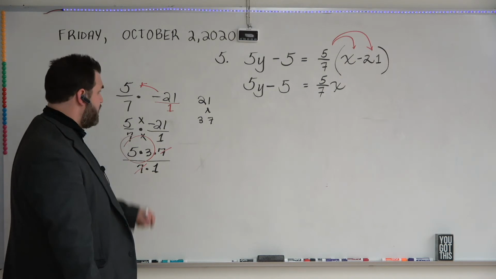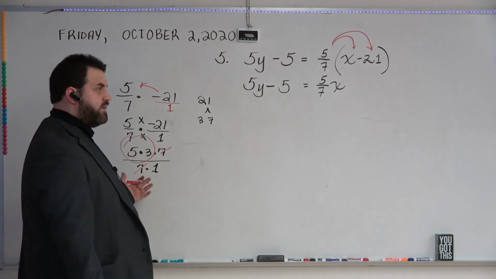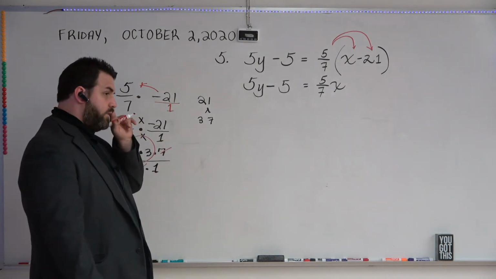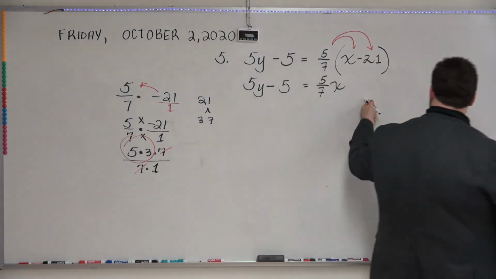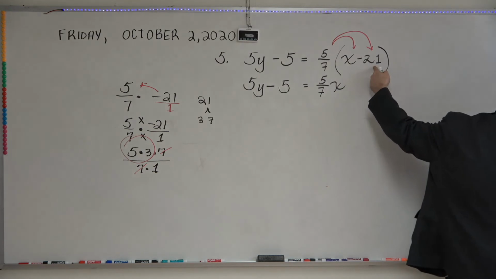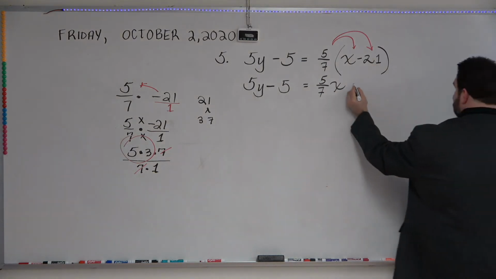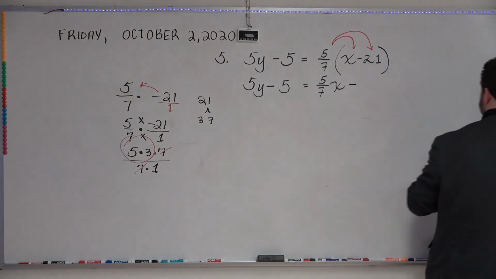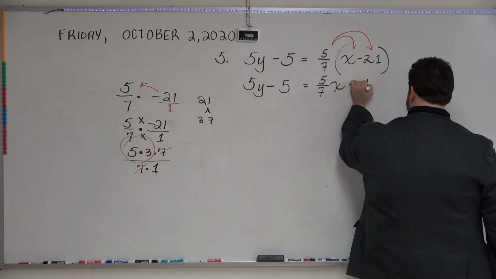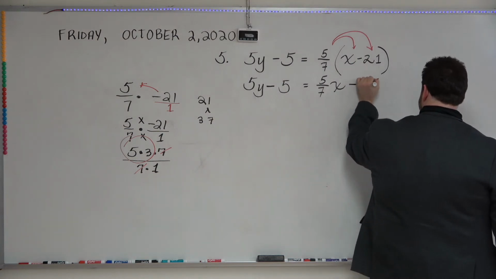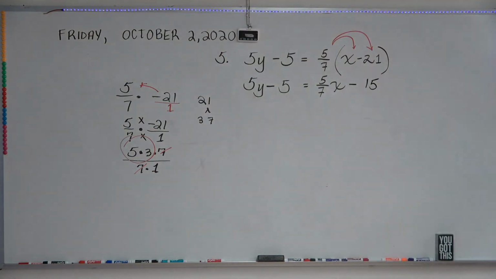What's 5 times 3? 15 over 1, and we don't have to write over 1. We can just write 15. So let's go back to our problem. We're distributing 5/7 to negative 21. So we know it's going to be negative. And we already established that 5/7 times 21 is just 15. So we're going to do 5/7 x minus 15. Okay, we're on our way.